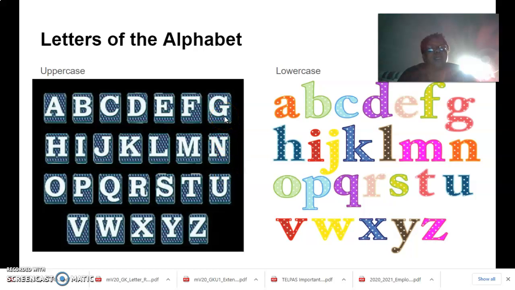G, F, E, D, C, B, A, which makes two sounds.